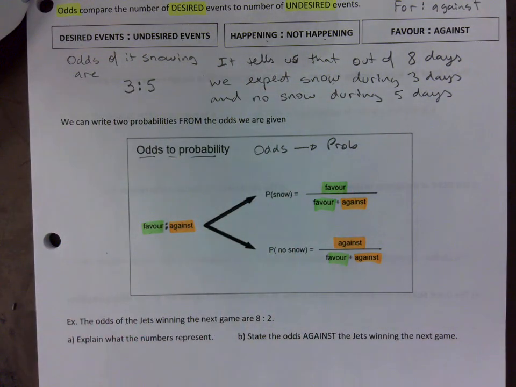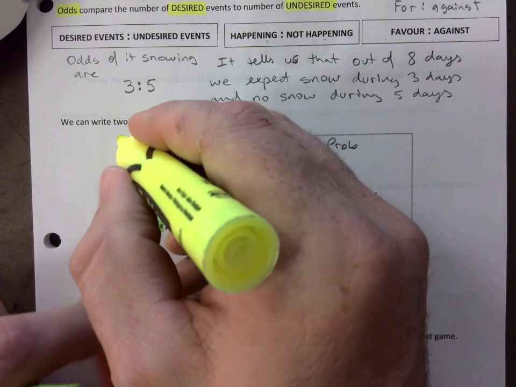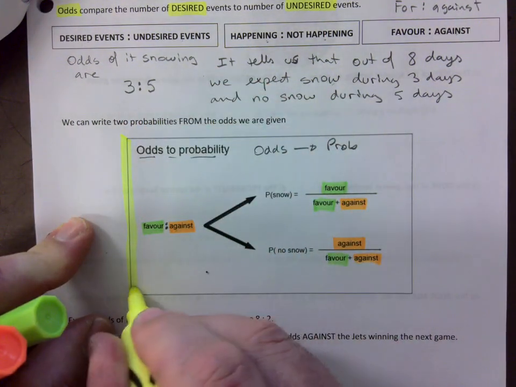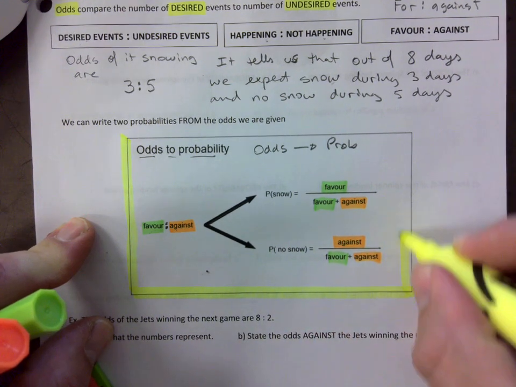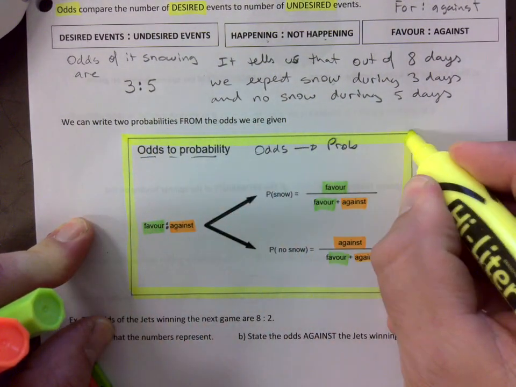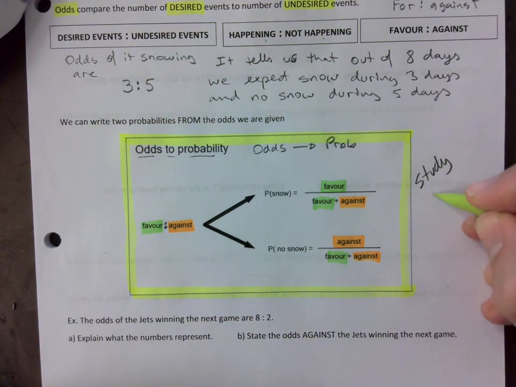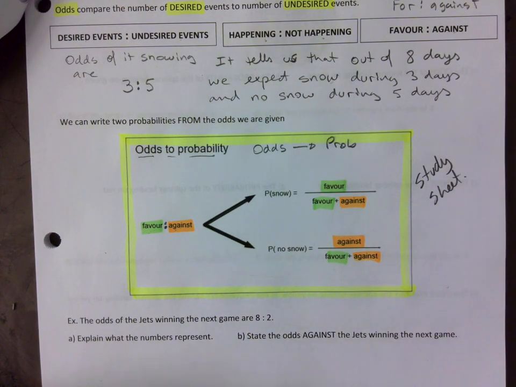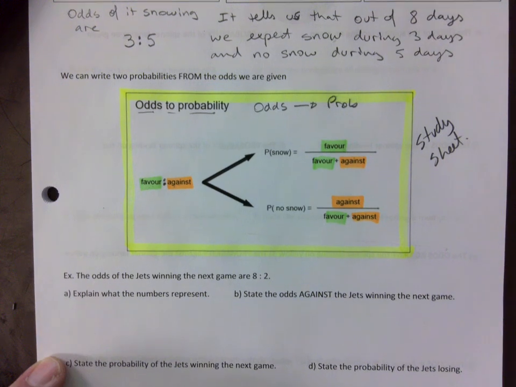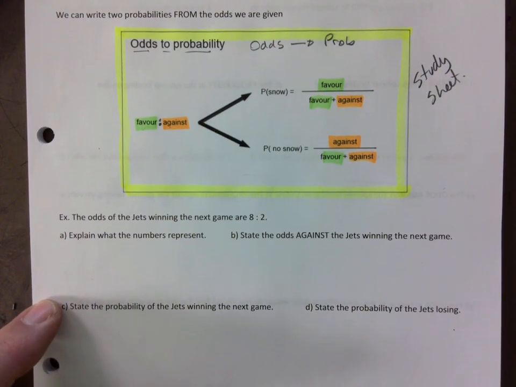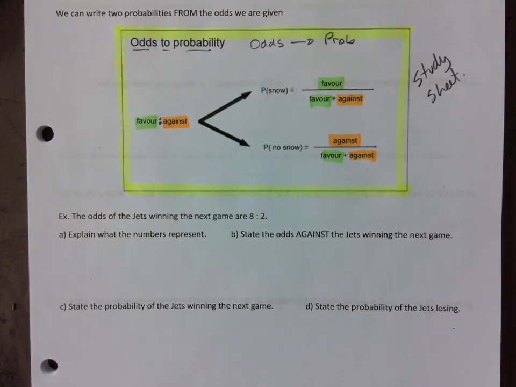So remember that. I will circle this thing to make sure you understand. I need to add this to my study sheet. Okay? Write this down, study sheet. Okay, there you go.